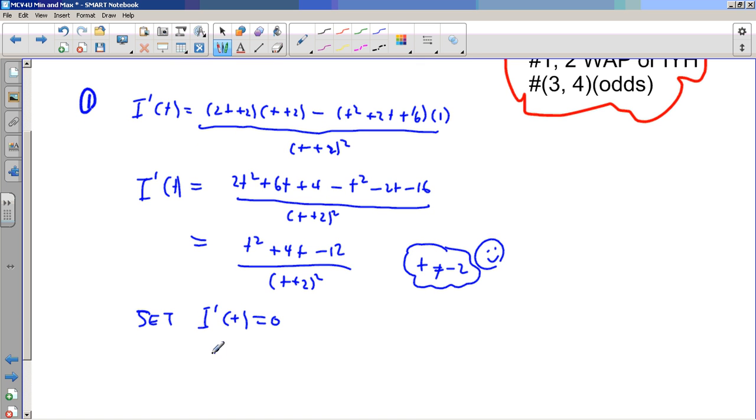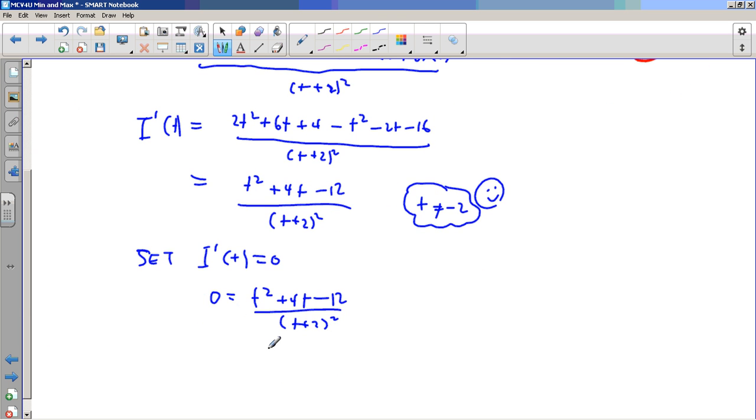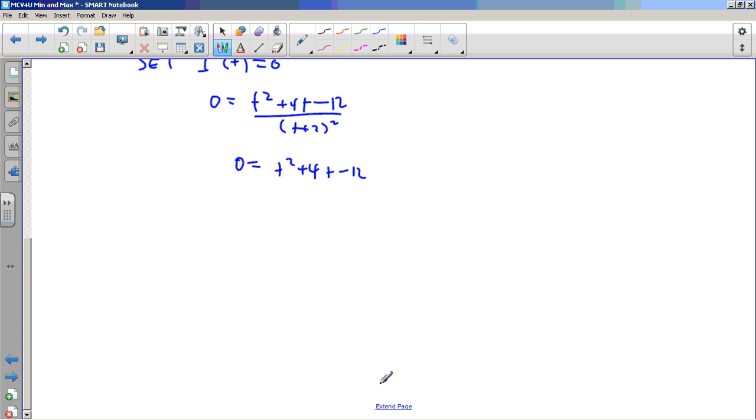And how do I solve that? Well, it's been since functions that I did that. As long as this isn't zero, I can multiply through by t plus 2 squared, and then I've got a little quadratic equation to solve, and I bet you it factors. Restall's ones are always factorable, aren't they? Well, not always.